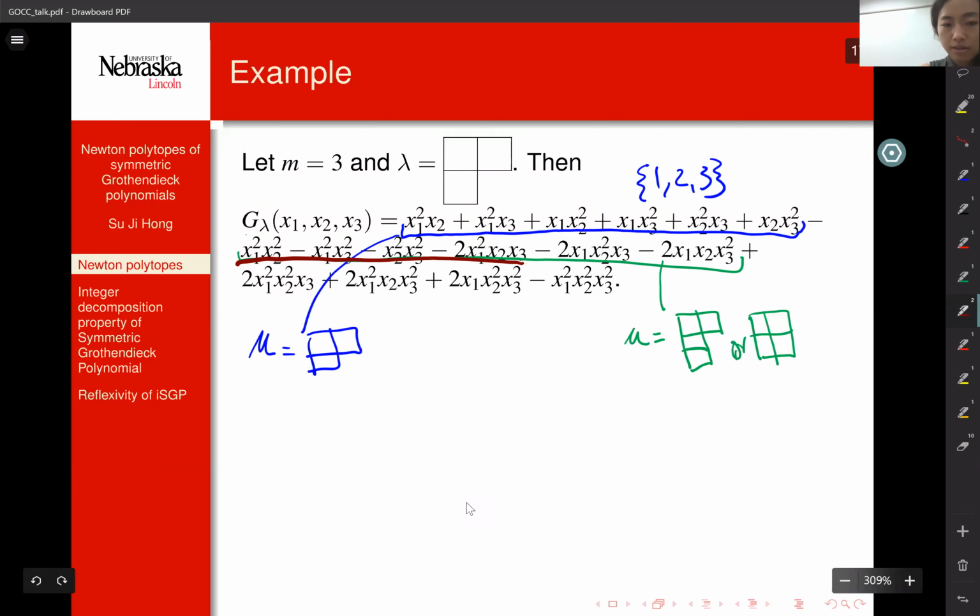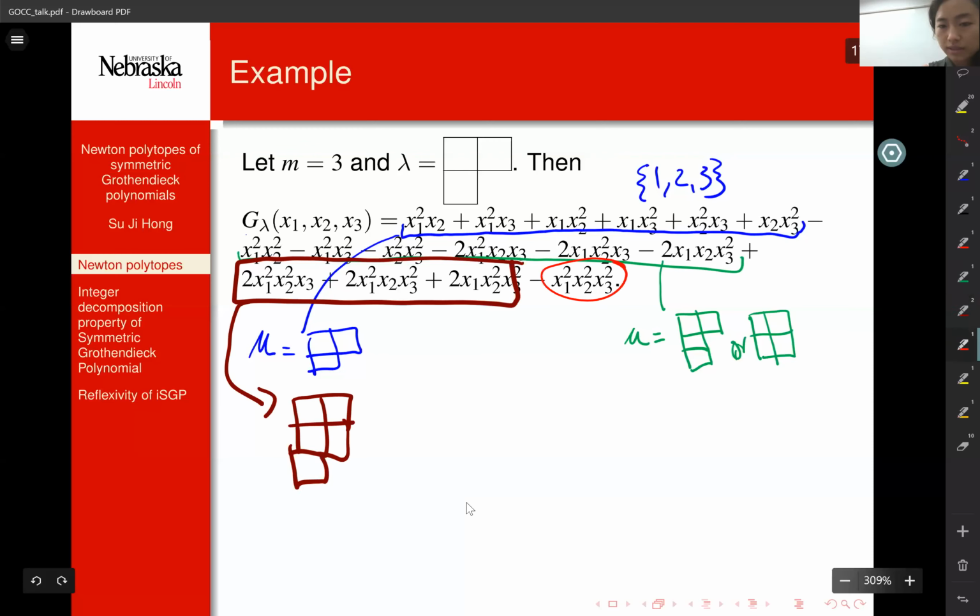And here, this is given by the shape, and that's given by this. And these are all the possibilities for this mu.